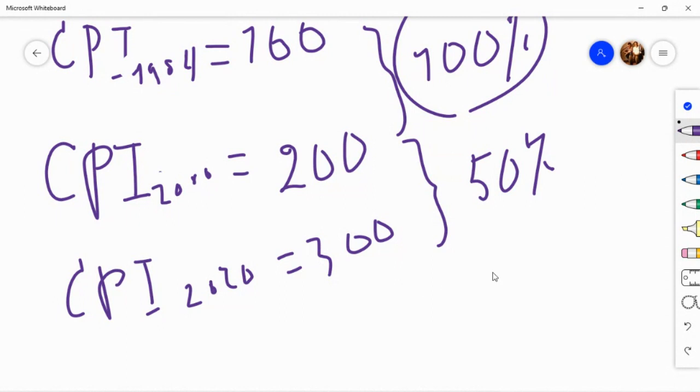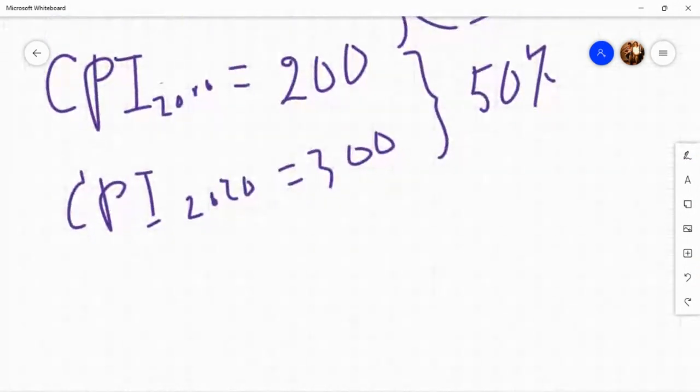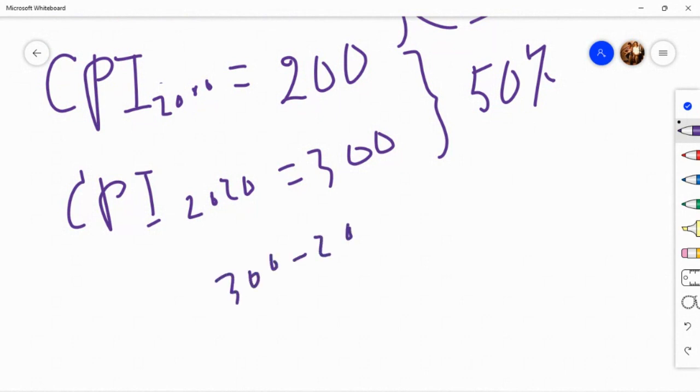In other words, in your mind, whether you did it mentally or not, the logic is 300 minus 200 over 200. Isn't that right?